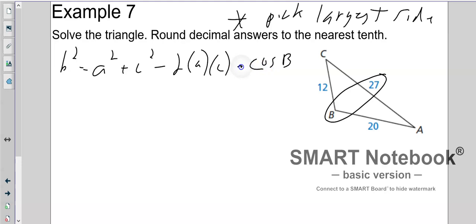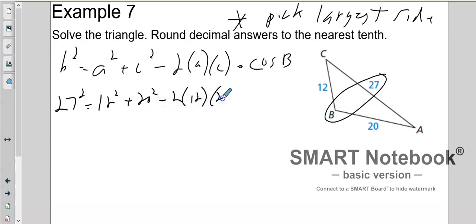Times cosine of b. There's only one subtraction in there. So, b squared, we do know, 27 squared equals a squared plus c squared minus 2 times 12 times 20 times cosine of b, which we do not know.